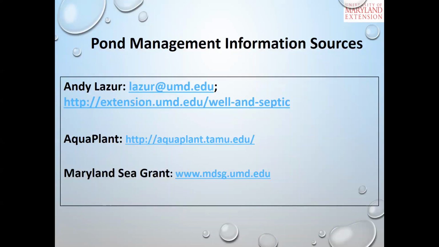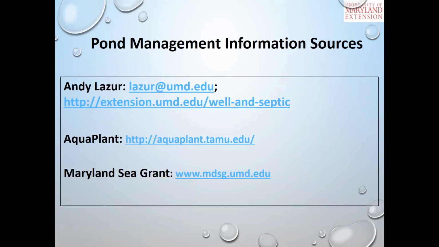I do a lot of water quality education, also focusing on private drinking wells and septic systems, but there is a section on pond management there if you're interested, and you'll have this recording as well. So again, utilize these resources. If you're interested in that beneficial native aquatic plant list, that's on the Maryland Sea Grant website. So with that, Lee, I'll take any questions that are out there.